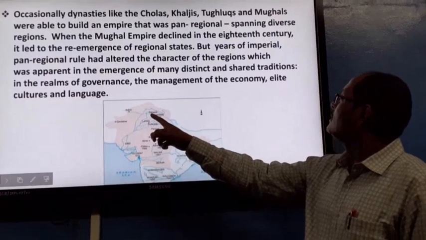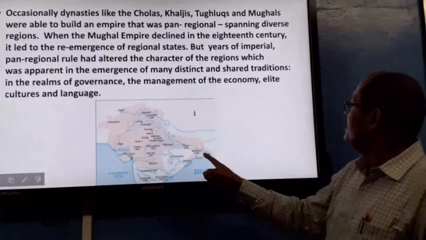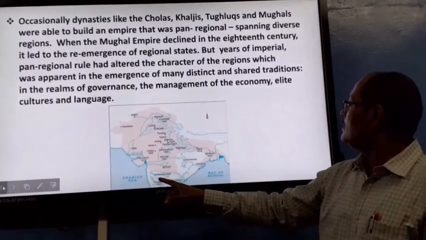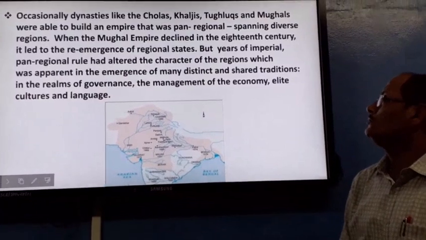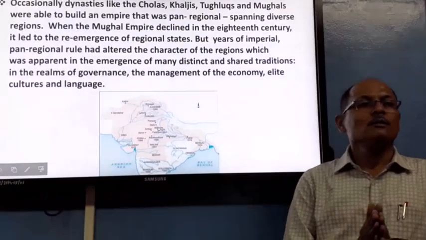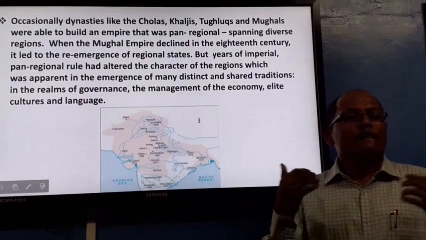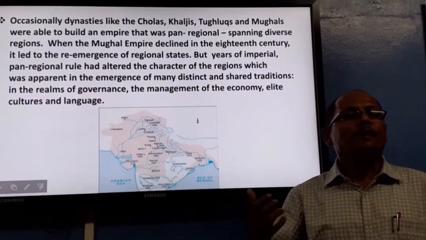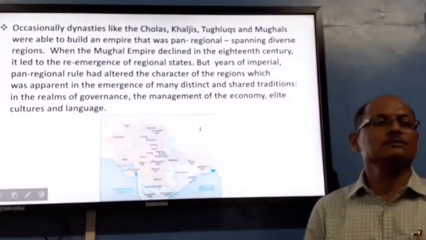As I said, Ghazni in Afghanistan, in the east, Bengal, and southern India were a part of Ghiyasuddin Balban's empire. As I said, these dynasties built their empire and became pan-regional empires, meaning spanning diverse regions.